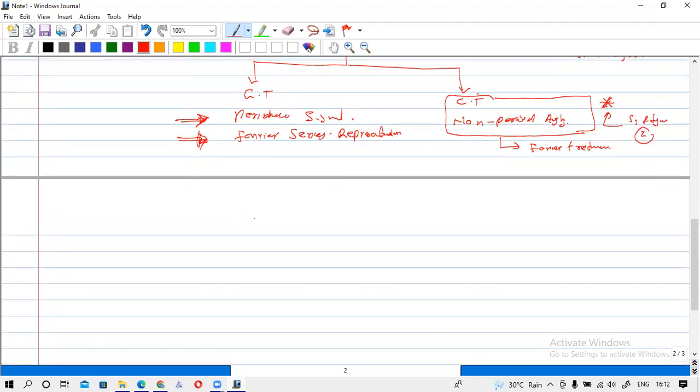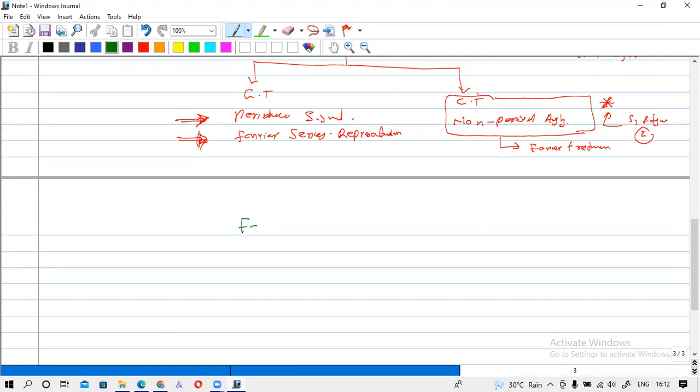We are mainly going to talk about Fourier series representation. This is our topic and this is our LO3.